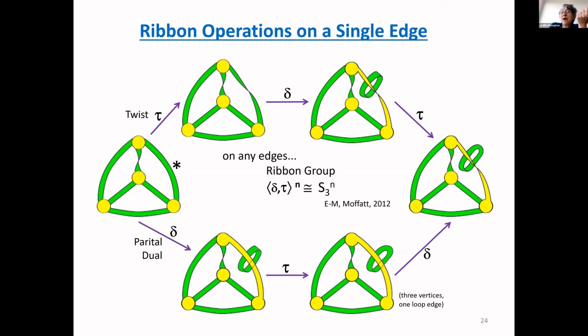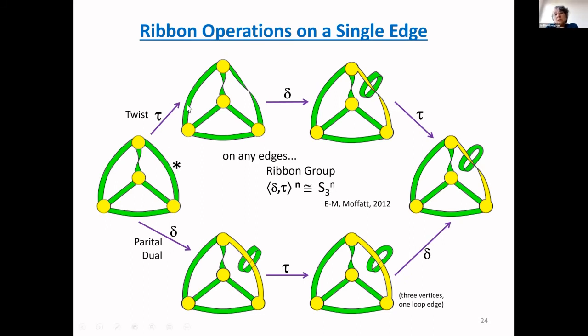So now you have an operation of S3 to the n, or m, however you like to count your edges, on the ribbon graph. So what we're looking at here is a copy of K4, and I'm going to apply the full orbit of this ribbon group to this edge that's indicated with a star.